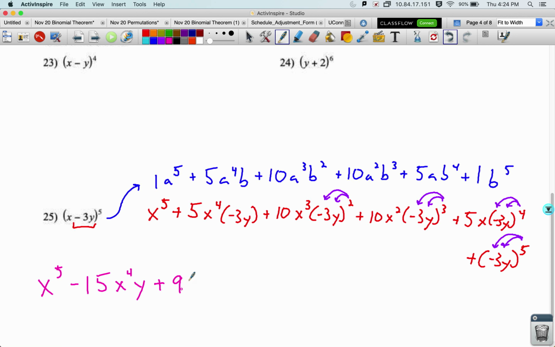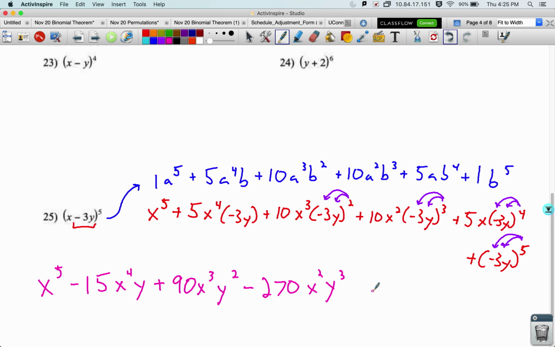So 90 x cubed y squared. Then it's going to go minus. You'll notice whenever we have a minus here, the signs tend to alternate. -3, I can still do this one. That's going to be a -27 times 10 becomes a -270 x squared y cubed.